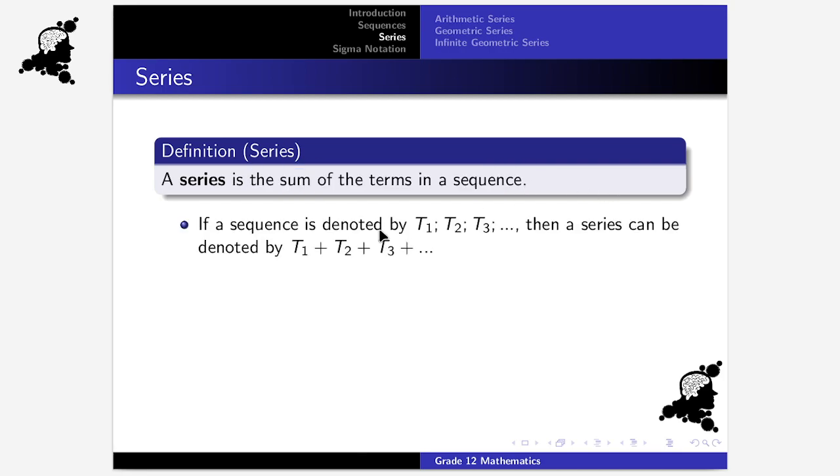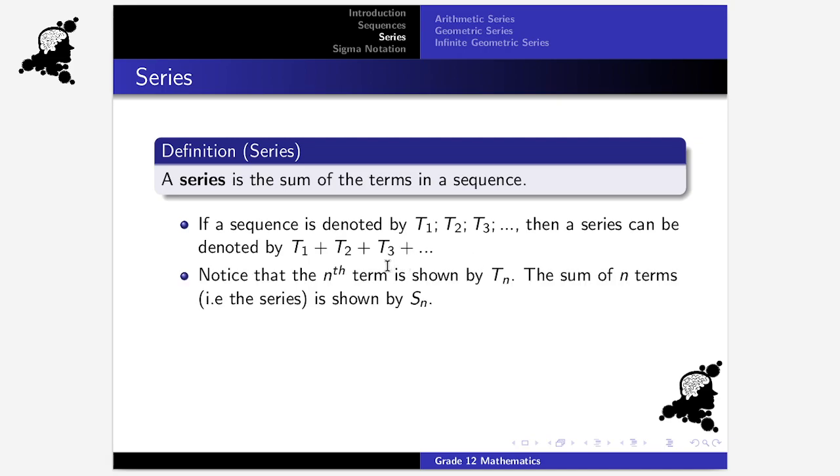So, what do we mean? If we have a sequence T1, T2, T3, a series would be T1 plus T2 plus T3. So the difference between a sequence and a series is that a sequence, you can think of it this way, has semicolons because it has to separate the values, but a series has pluses because we are adding the values.